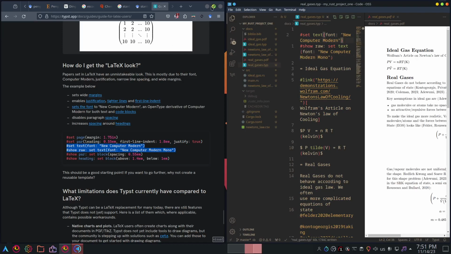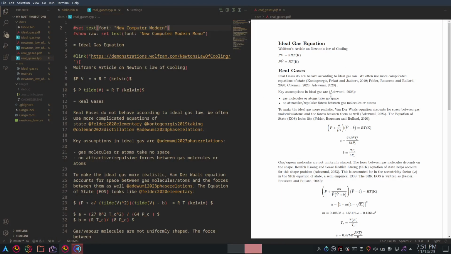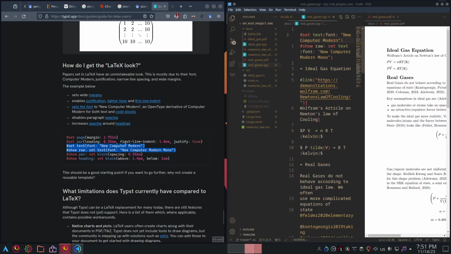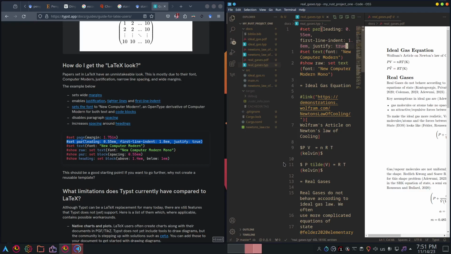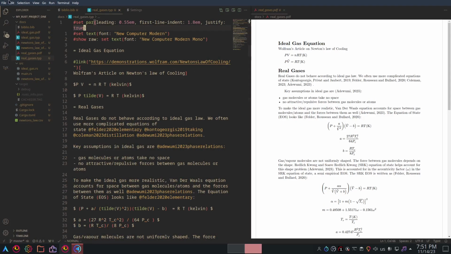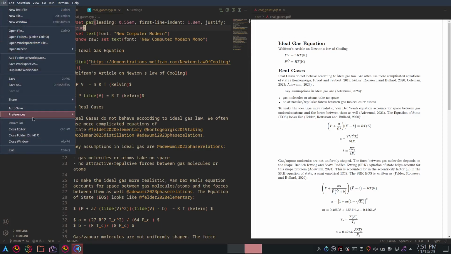You can see immediately how this starts looking a little bit more like LaTeX already. So that's one. I'm going to set the justify. And of course I actually want to turn off my settings.